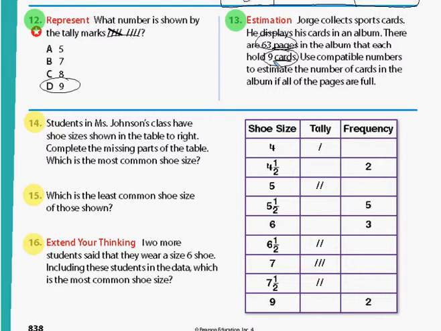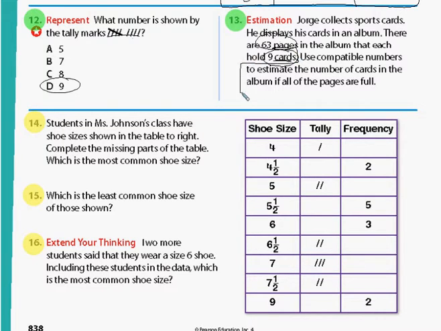If I look at that, I know that I'm talking about pages and cards. Chances are it's not going to be an addition or subtraction problem because I'm looking at my labels, I've got different labels. And let me box in my question. There's not really a question, but this is what it's wanting us to do.